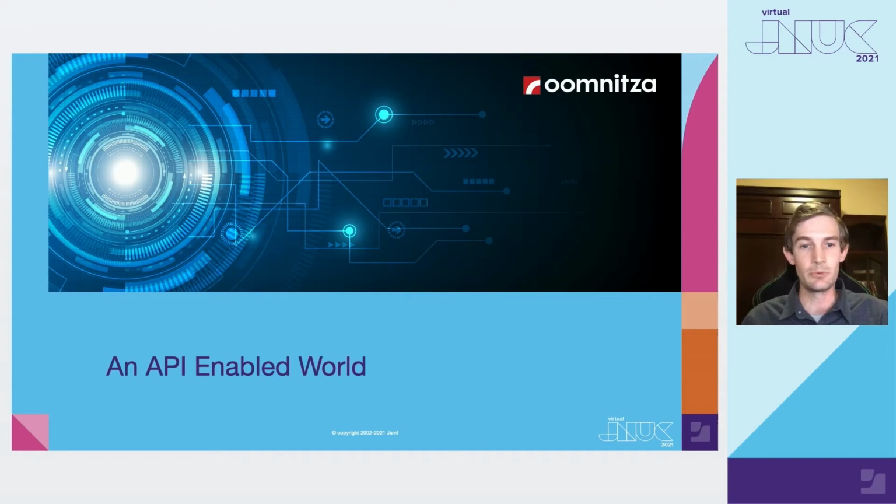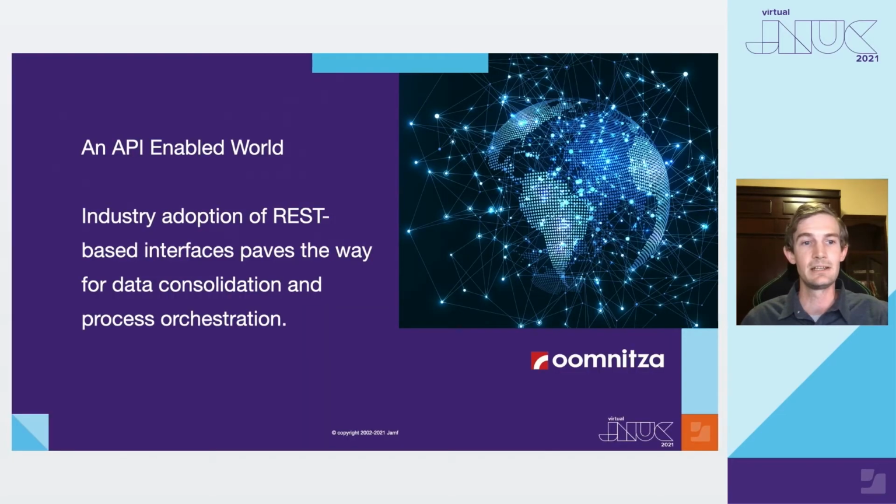An API-enabled world really does lend itself to enabling enterprise technology management. Industry adoption of REST-based interfaces paves the way for data consolidation and process orchestration. In the past 5, 10, 15 years, REST APIs have become table stakes in any B2B SaaS application. Before that, exporting data from a system may not have been an option, or it was something more rudimentary, such as a CSV file.